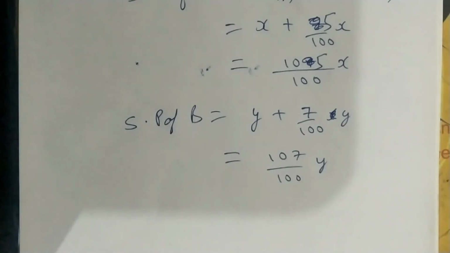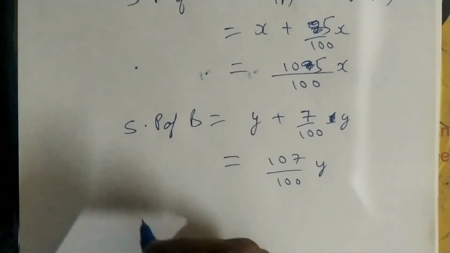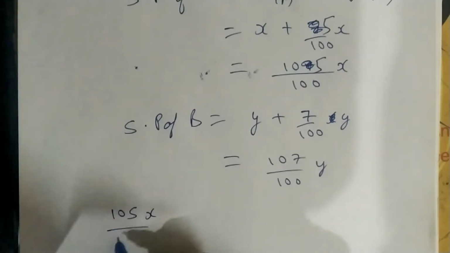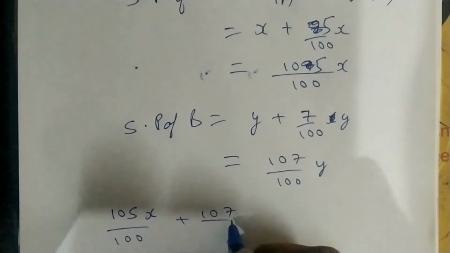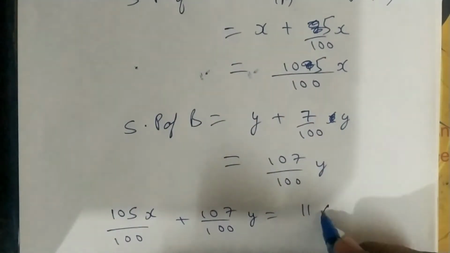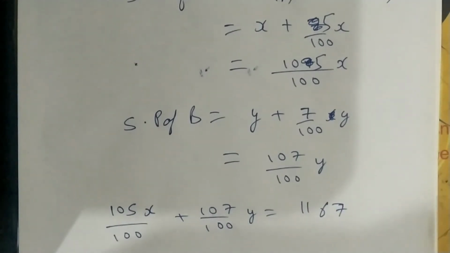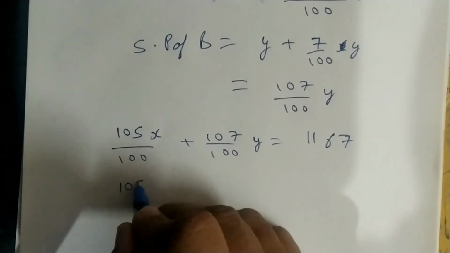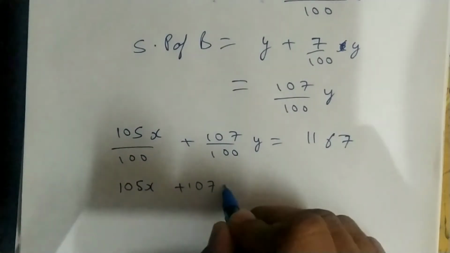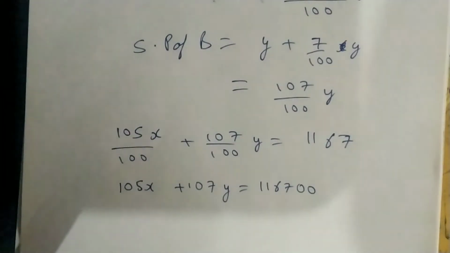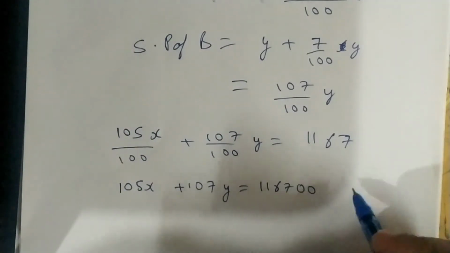So this is the selling price of B. So total selling price will be equal to this selling price plus this, 105 plus 107. So this is equal to 1167 rupees. From here we can obtain our first equation, 105x plus 107y equal to 116700. Okay, this is our first equation.